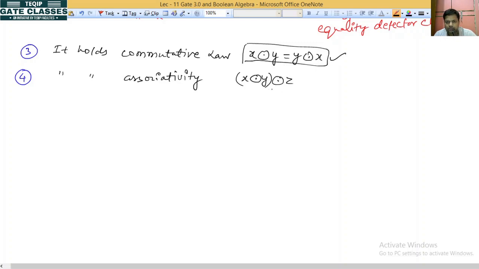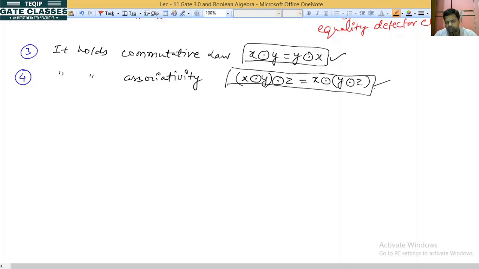Or, if you perform y and z first and then the result is XNORed with x, if both are the same then we say that the associative law holds. So we know that associativity holds here. You can prove it if you want.